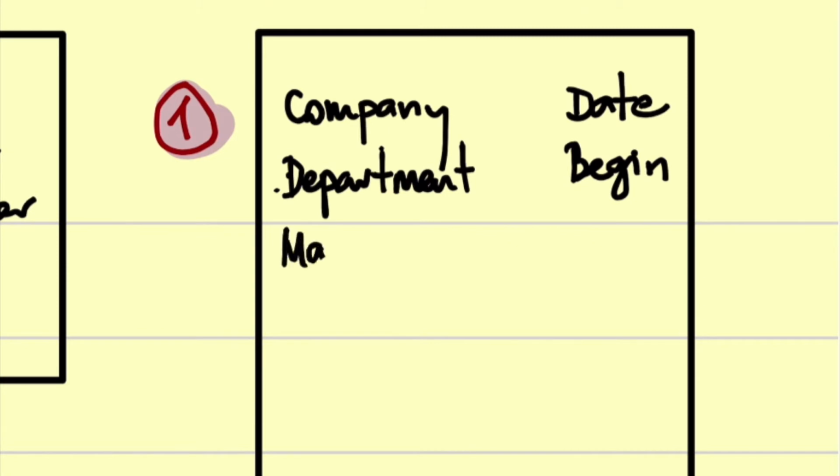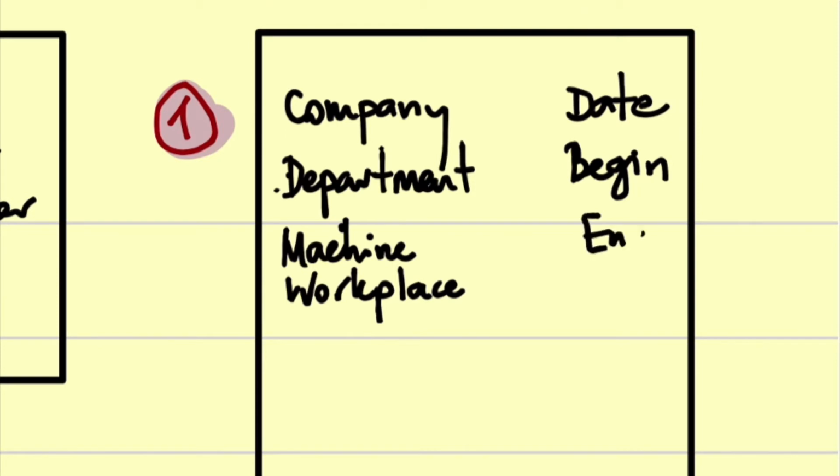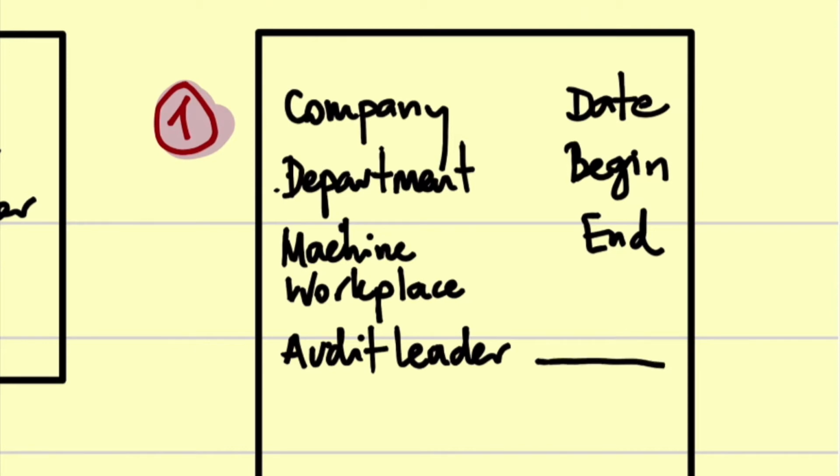You look at a certain machine or department or workplace. You know where it ends, when it ends. You describe who is the audit leader with name, of course, and you leave some space for comments.